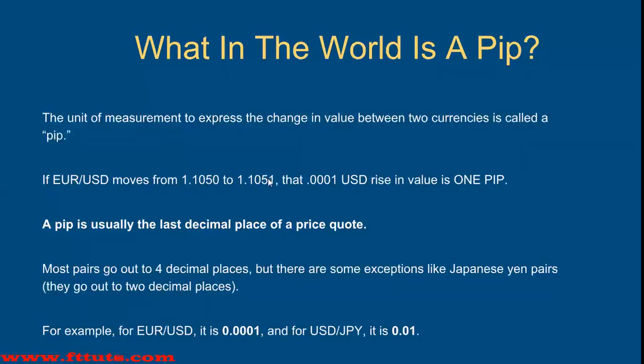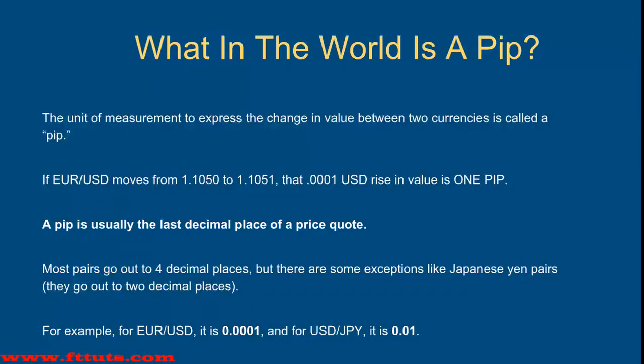When we see the price change on the fourth decimal, that's one pip. So from 1050 to 1051, that is one pip. A rise in value on the fourth decimal point for the US dollar is one pip. I'll show you how to easily calculate your pips on the MT4 platform after this.